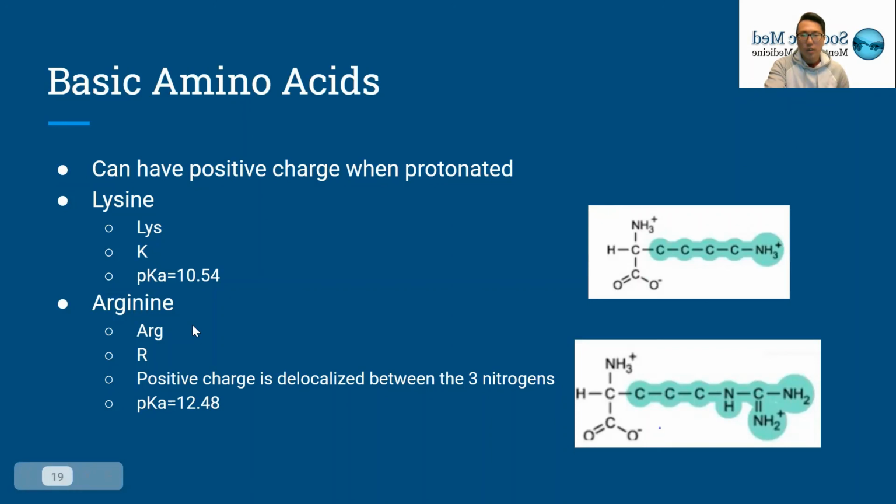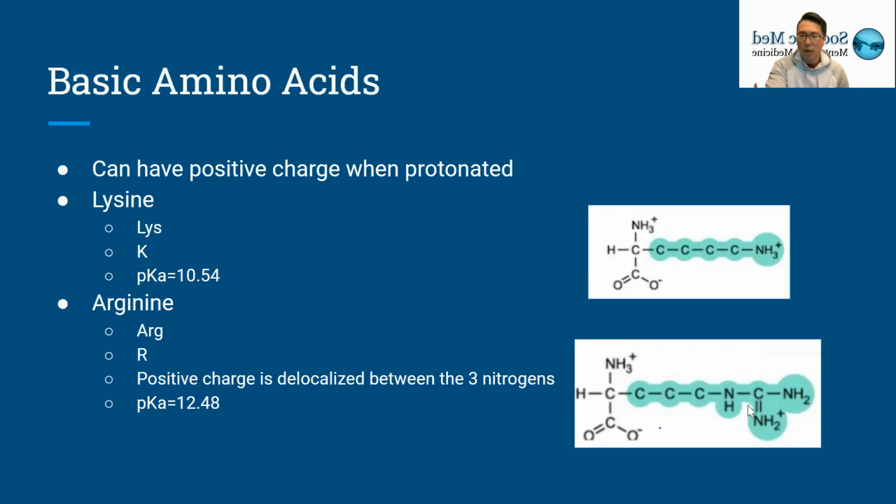And then arginine looks different from lysine. It has these 3 nitrogens in the side chain, so it's able to delocalize the positive charge once the side chain is protonated. The positive charge can be delocalized between those 3 nitrogens.